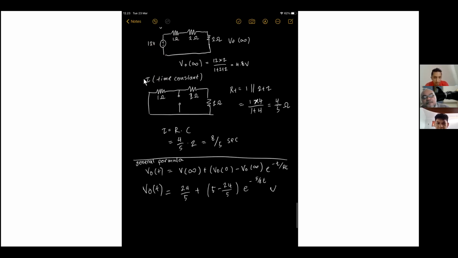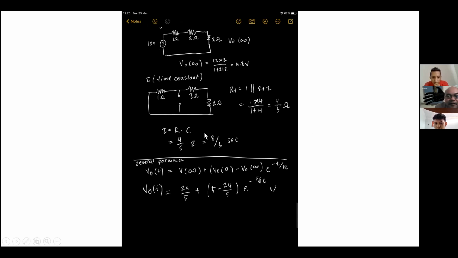Here we are looking for the time constant. For the time constant, we can calculate the total resistance from the capacitor, so it will be like this circuit here. And then the total resistance is 4 over 5 ohm.